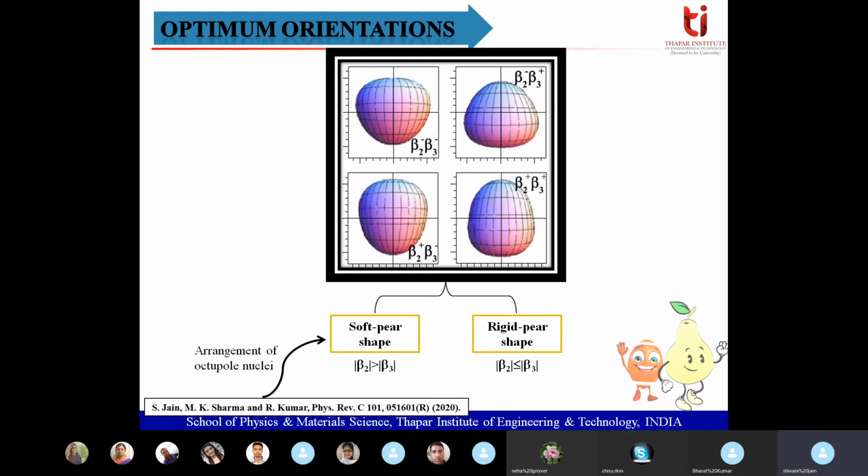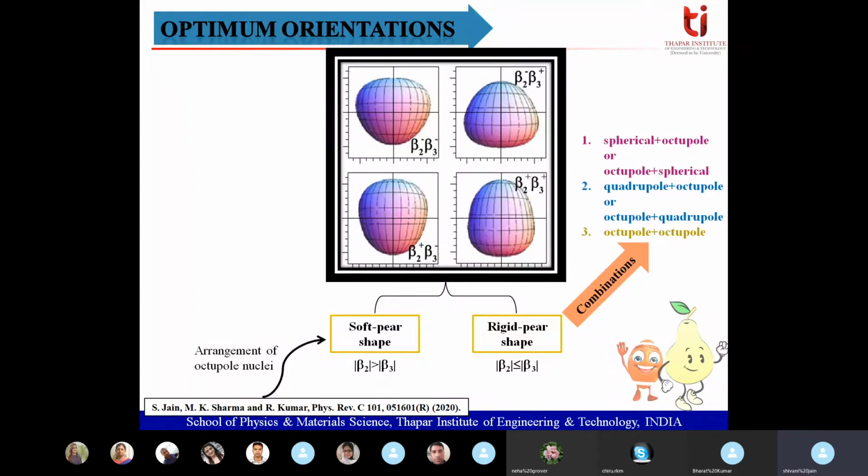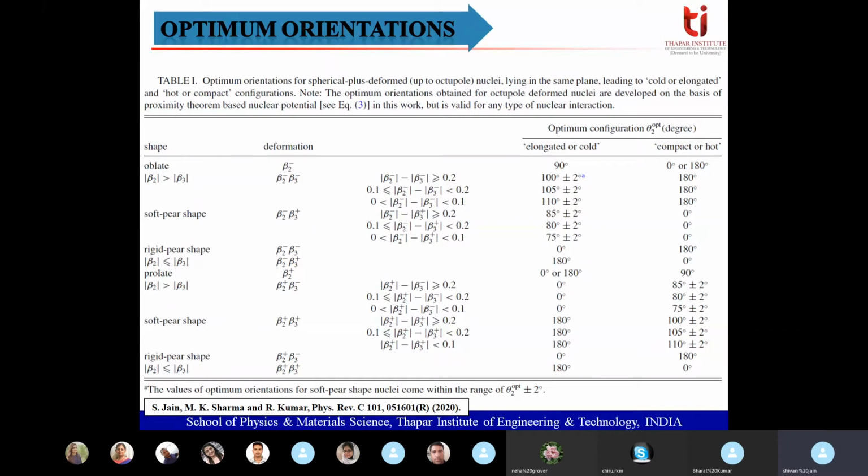In rigid pear shape, the magnitude of beta 3 is greater than or equal to the magnitude of beta 2. These shapes are further considered in different combinations like spherical plus octupole, quadrupole plus octupole, and octupole plus octupole. On the basis of these combinations, we have obtained the optimum orientation of beta 3.